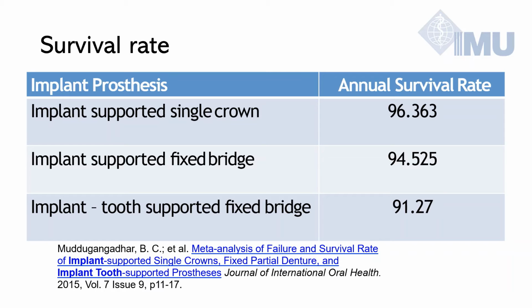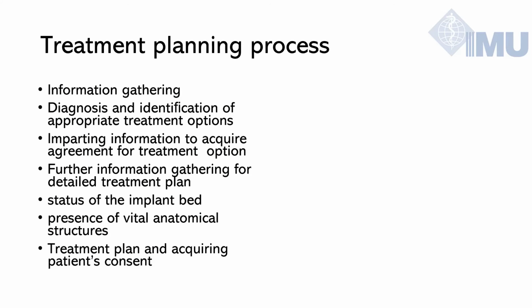So as and when a case requires, you can opt for this option. It cannot be completely contraindicated. Against this, an implant-supported single crown or implant-supported fixed bridge has a 94 to 96% survival rate. It's just not that much lower a survival rate for the implant to tooth supported fixed bridge.